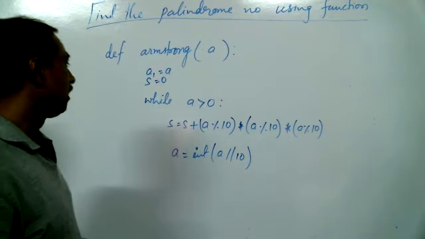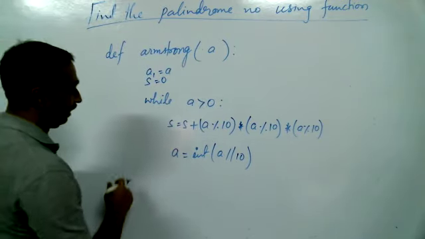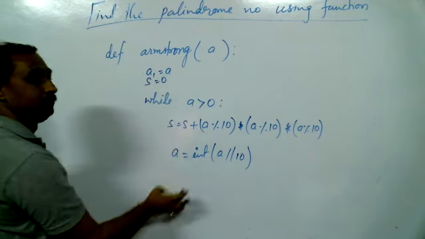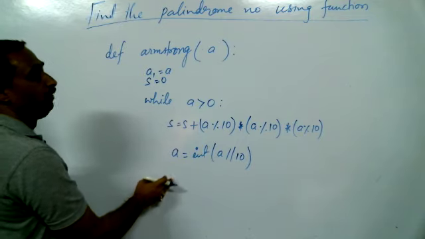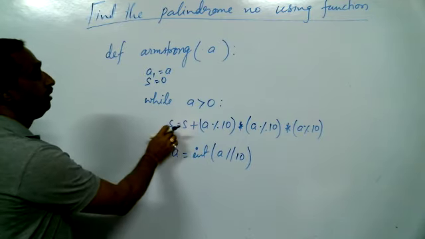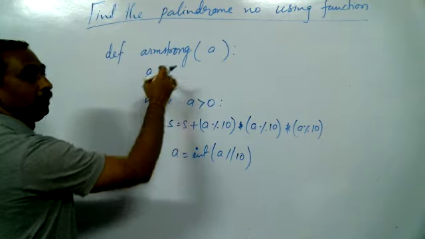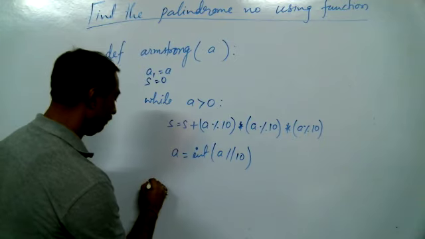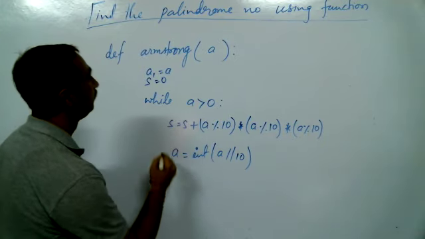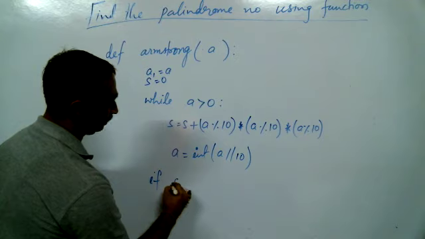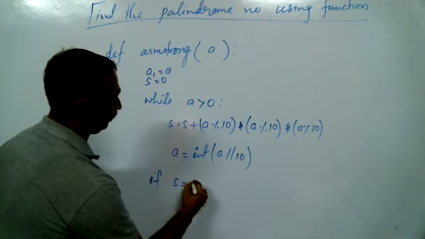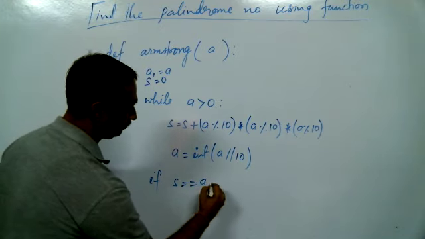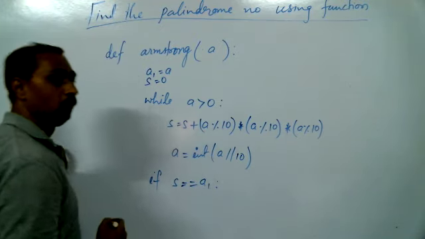Now we have to compare. We have to compare s with a1 because a will become 0 after this loop. So we cannot compare the sum with a because that will be 0 and that cannot be equal. So we will compare if s equal to a1, then what to do?